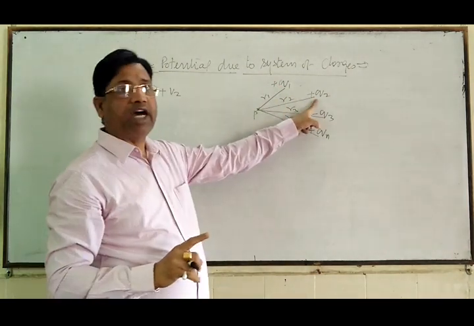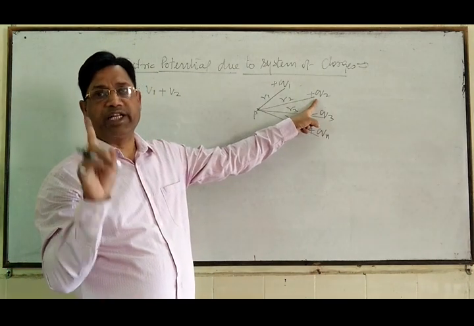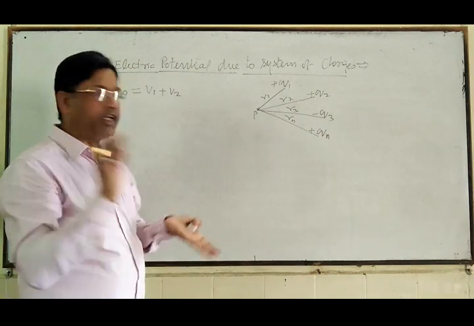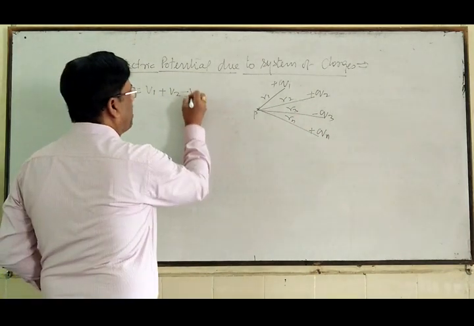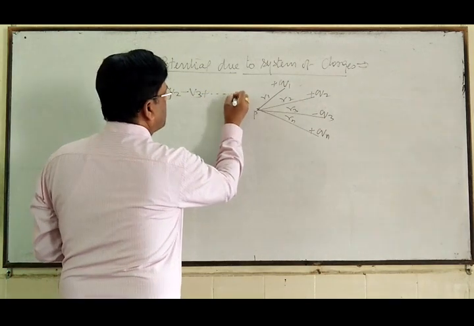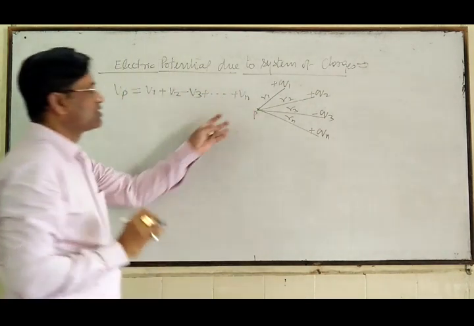Due to plus Q2 charge, the potential will be V2, that is positive, and due to minus Q3 charge, the potential will be negative, that is minus V3, and so on, plus Vn, like this.